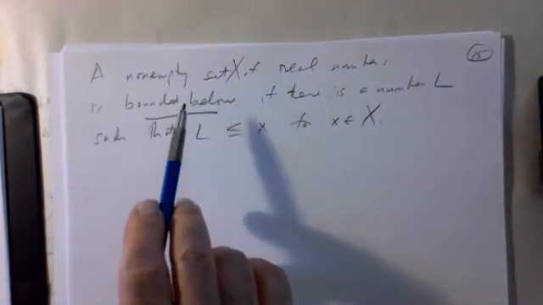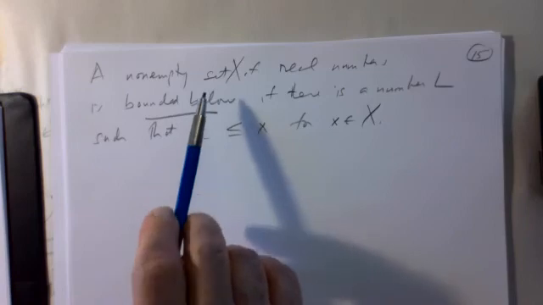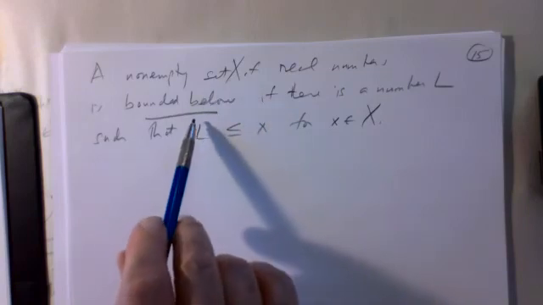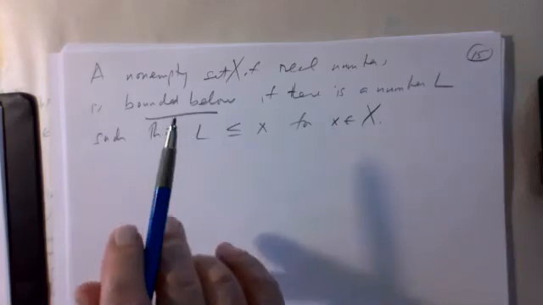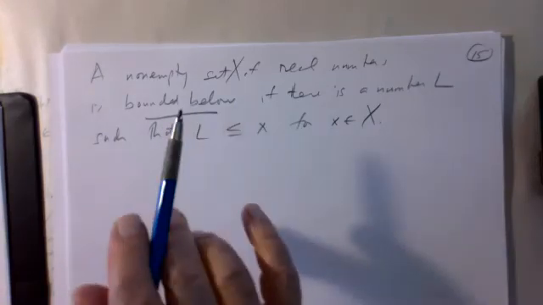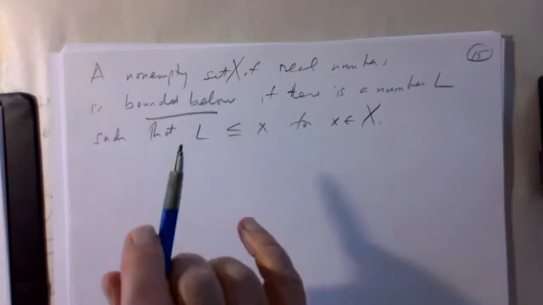So there aren't arbitrarily small numbers in the set X. You can have negative numbers, but, for example, all the numbers which are no smaller than minus a million. That set is bounded below.